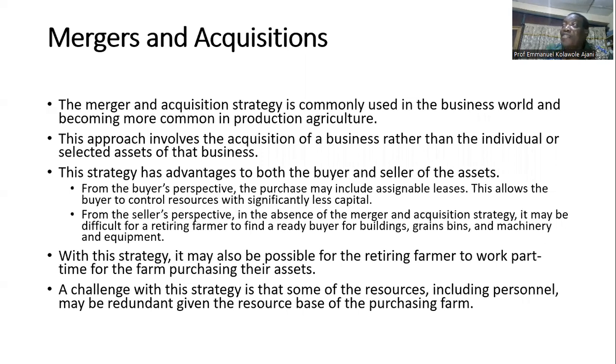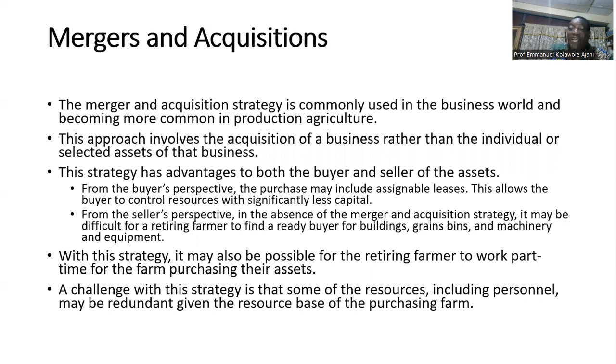Another business model, another growth model, is merger and acquisition. The merger and acquisition strategy is commonly used in the business world and is becoming more common in production agriculture. This approach involves acquisition of a business rather than individual or selected assets of that business.